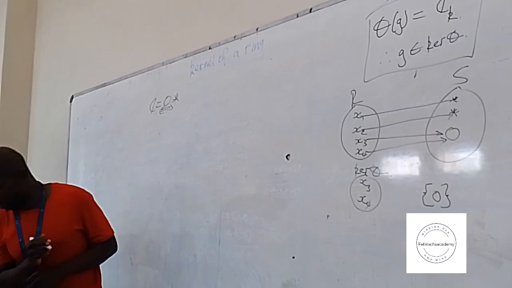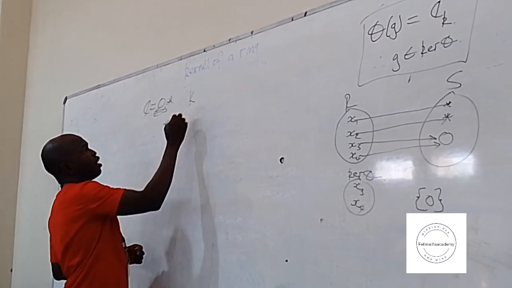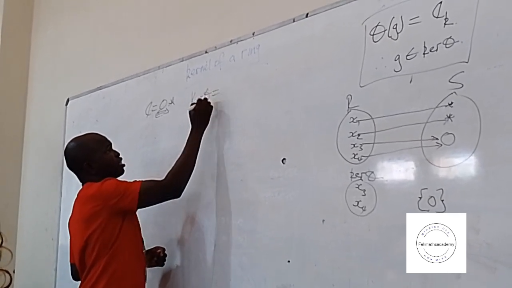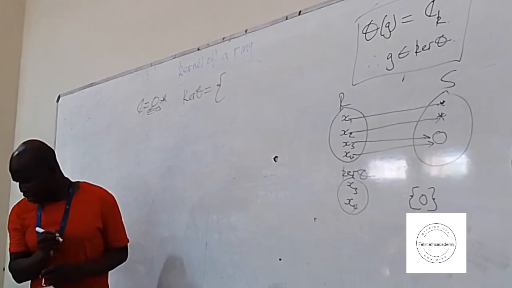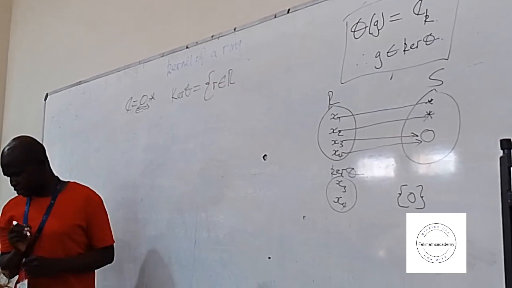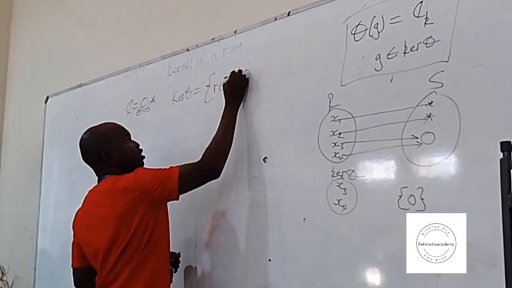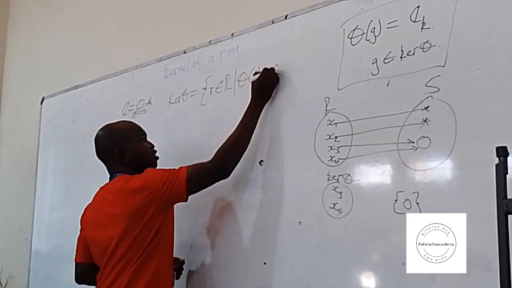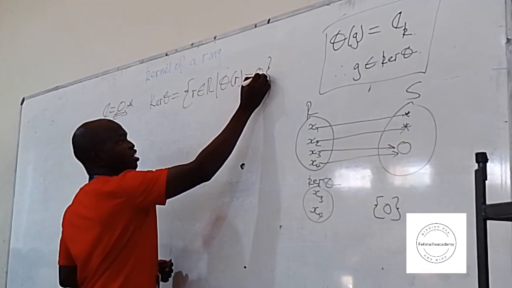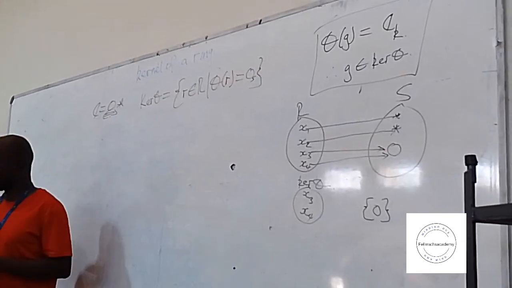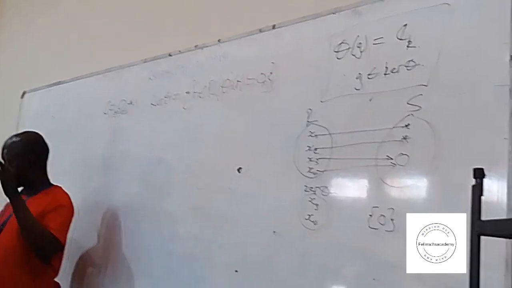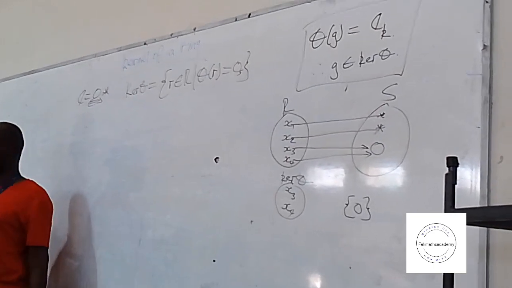The kernel of theta is equal to the set of r, an element of R, where theta of r is equal to 0_S, the identity.